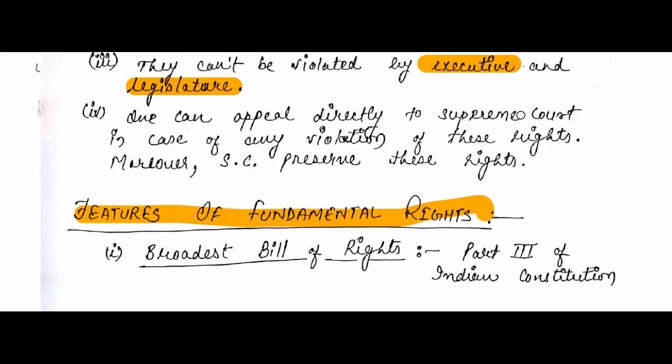So when we talk about features, the first feature is the broadest bill of rights. Here the word bill is related to the constitution itself, that means the rights written or given in the form of fundamental rights are the broadest.